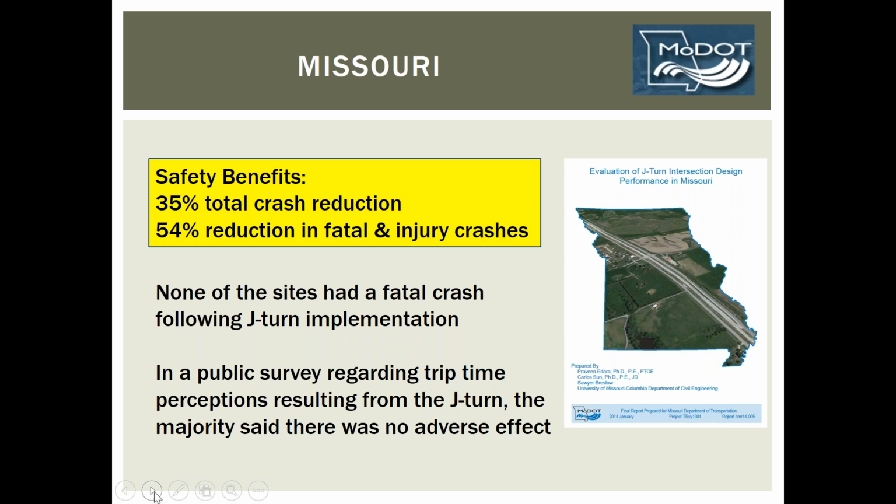In fact, the R-CUT or J-turn can even decrease travel times, because if you think about it, when you're coming out from the minor street, if there's some significant volumes, again, non-signalized, you may not be the first one at the stop bar or at the stop sign at an open median intersection, and you've got to wait for a gap in both directions of traffic. And that may take a while for a gap in both directions. It could actually be quicker if everyone coming out of the minor street only needed a gap in one direction, made the right turn, made a U-turn, and come back.